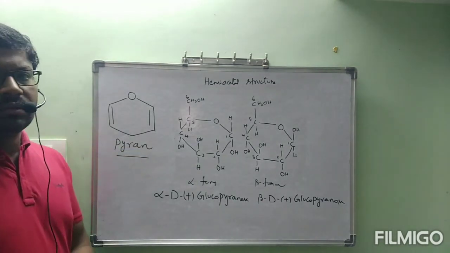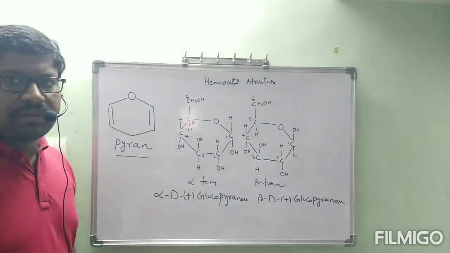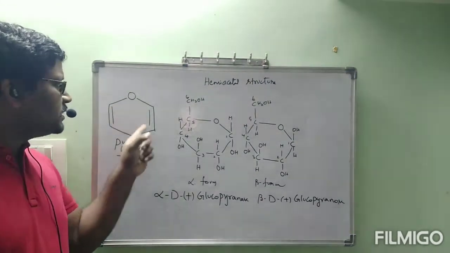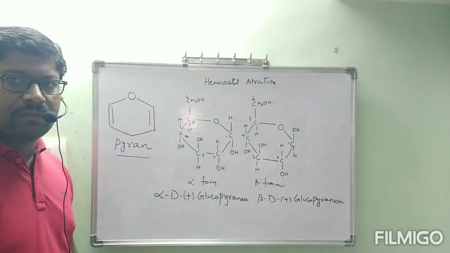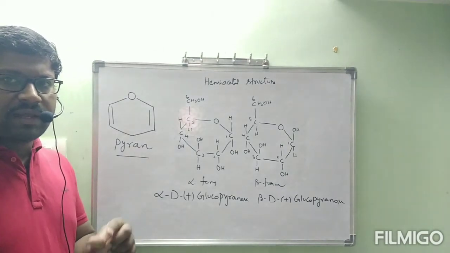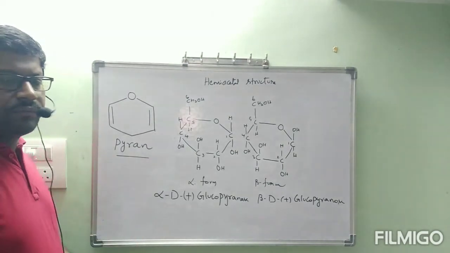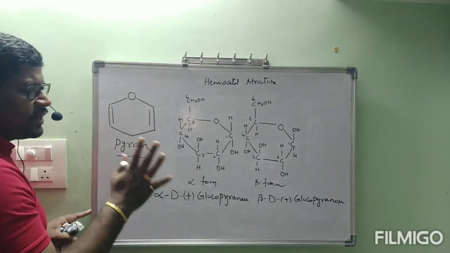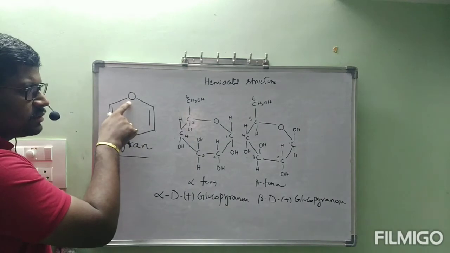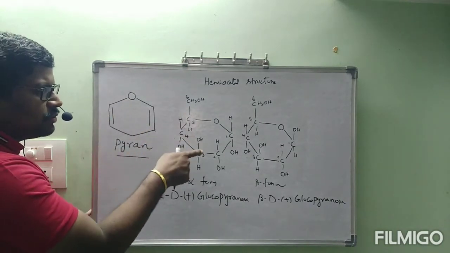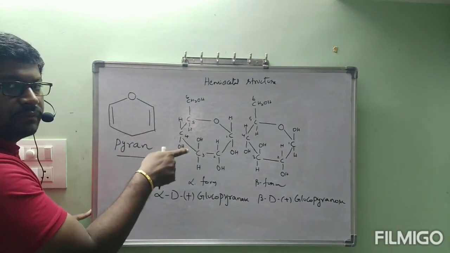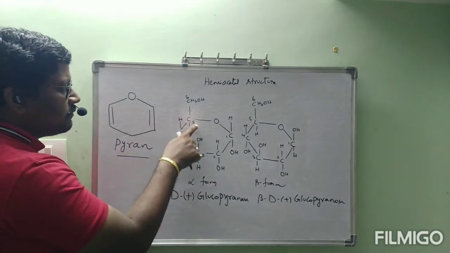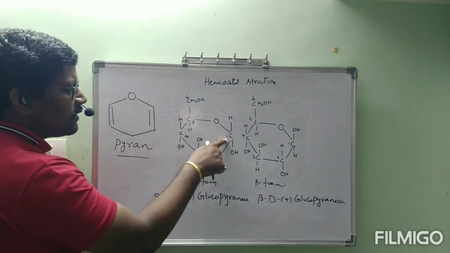Pyran is a molecule which is a 6-membered ring containing 5 carbon atoms and 1 oxygen. 1, 2, 3, 4, 5, five carbons and 1 oxygen. Same as here in glucose, in the closed ring, 5 carbons are there. 1, 2, 3, 4, 5.